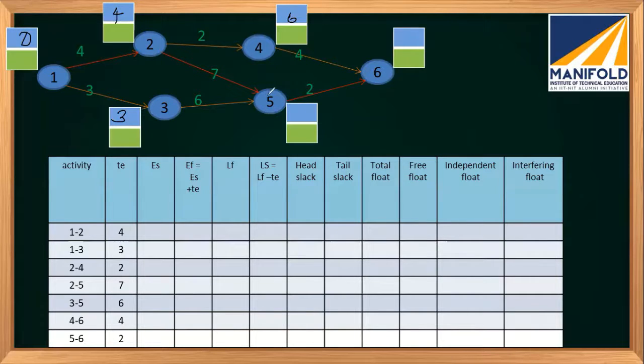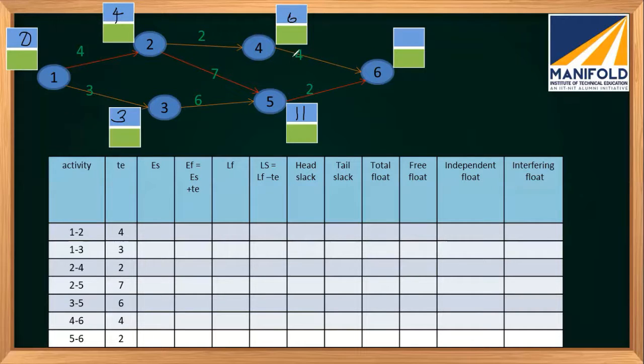If I want to start activity 5, 6, both 2, 5 and 3, 5 have to complete. 3, 5 will complete by 9, but 2, 5 will complete only by 11. So in the forward pass, we will take the maximum value. So 4 plus 7, it will be 11, right?